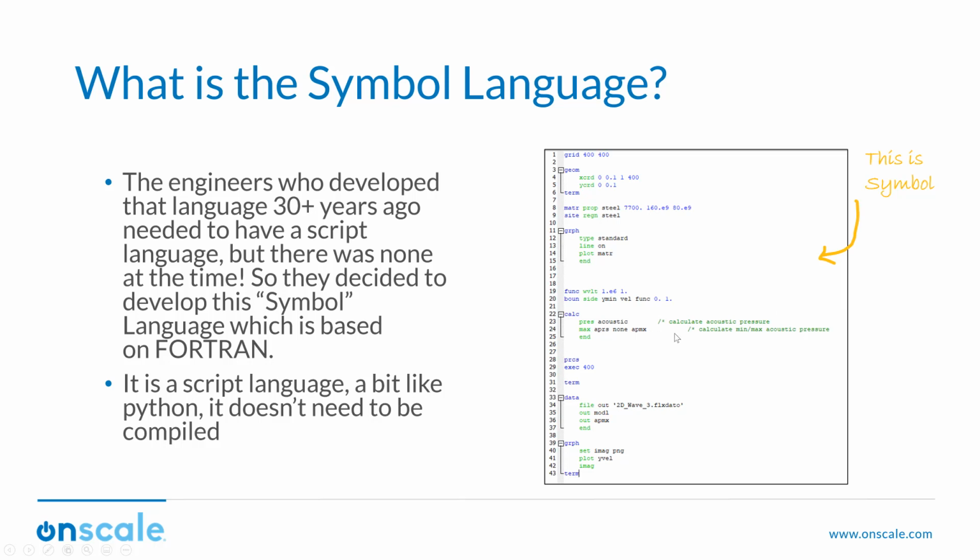If a comment comes after an instruction, you put a backslash and a star, and this becomes a comment that is not interpreted by the symbol interpreter. If you want to put it at the start of the line, you put a little C, a space, and you write your comment. I'll show you right after how this looks.